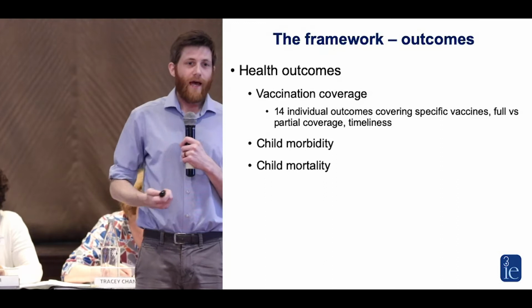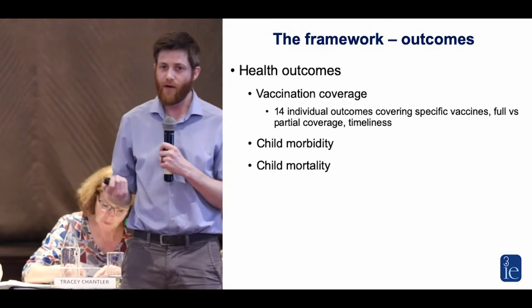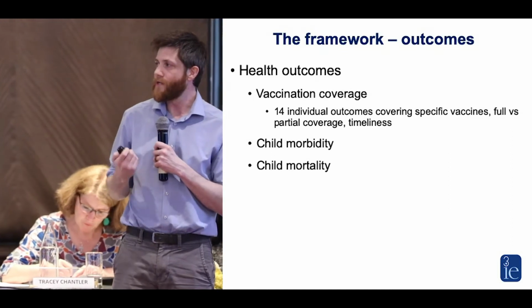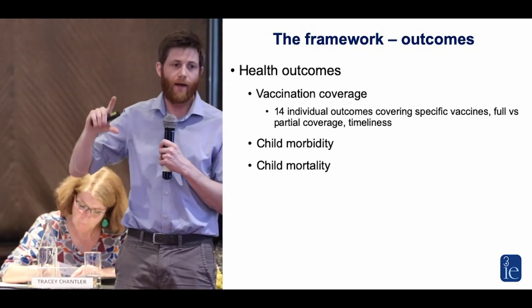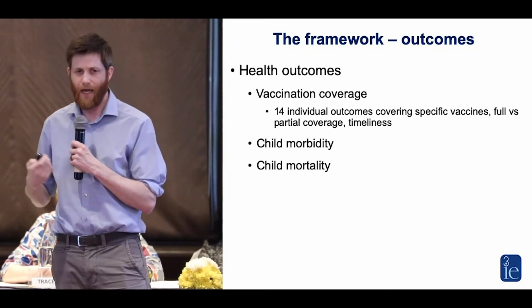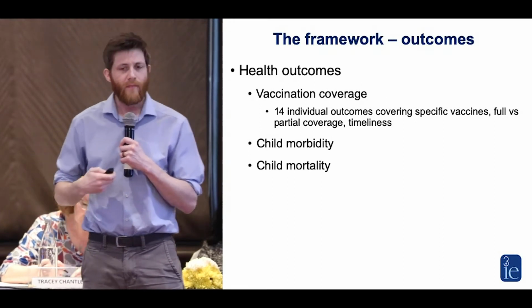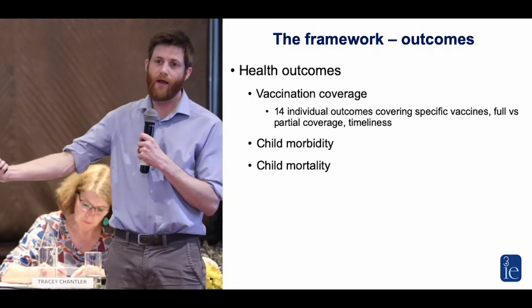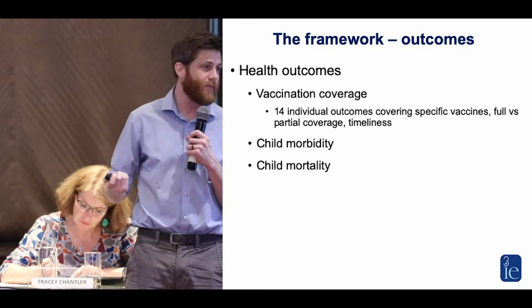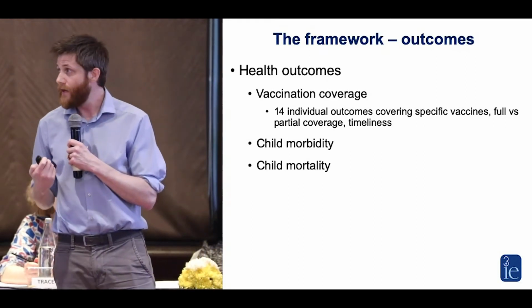And finally, we looked at actual health outcomes and vaccination outcomes, so vaccination coverage, and there we broke it down into 14 individual categories for specific vaccination doses, and things like timeliness for full versus partial vaccination. And then we looked at one step beyond that: are impacts being measured on child morbidity and child mortality?